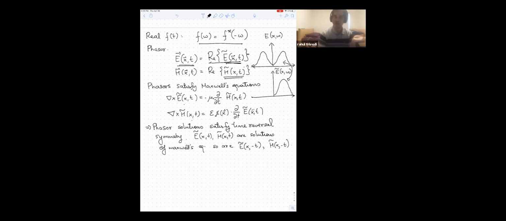Your time reversal property should hold there. Okay, however, one thing that happens in the phasor solutions, which we commonly use in our calculations, is that when you flip t to minus t, I am flipping positive frequencies to negative frequencies. Does this make sense, right? Because your E tilde has components that vary as exponential minus i omega t. It only has the positive frequencies. But the moment you take t to minus t, you end up only constructing the negative frequencies, right? Because exponential minus i omega t becomes exponential plus i omega t. Does this make sense, right?